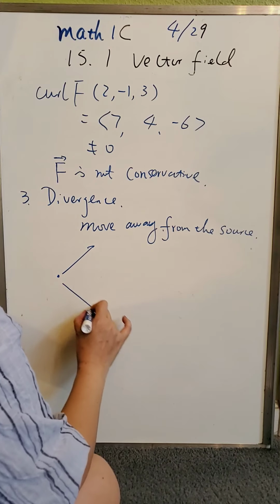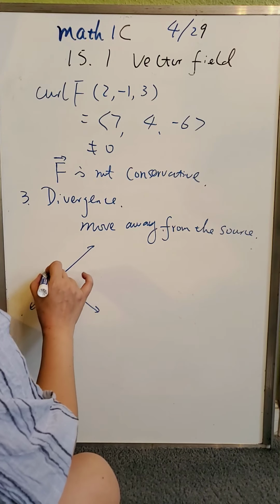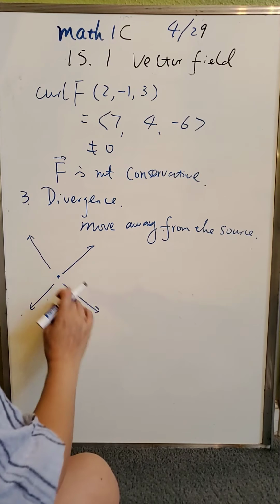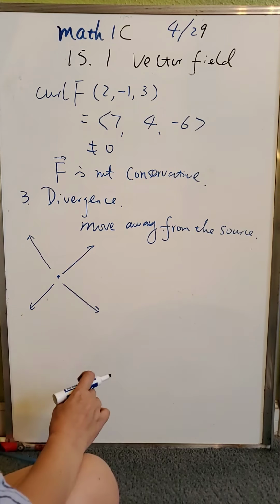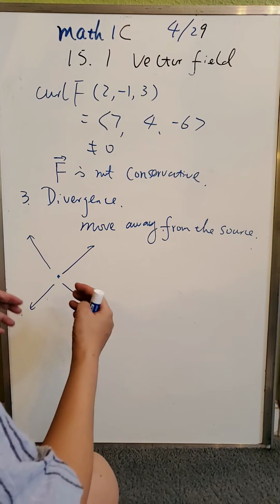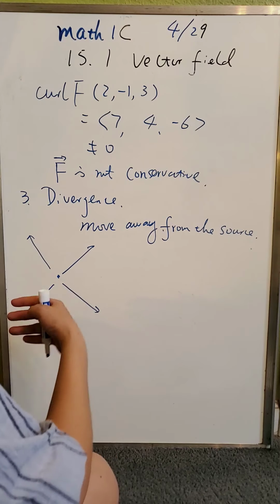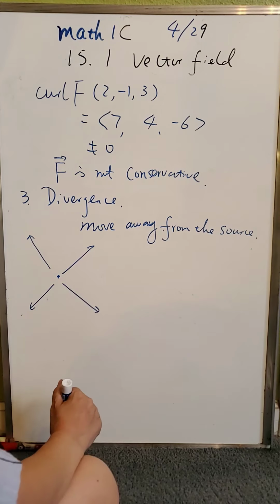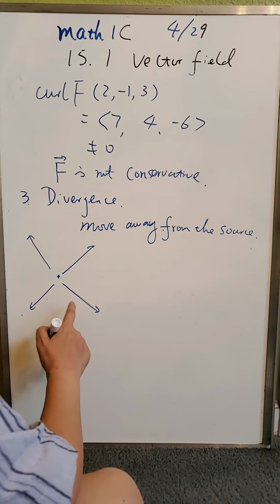One is they come out, they move away from the source. For instance, boiling water. When the water is boiling, the steam comes out. So that is a divergence, a positive divergence.